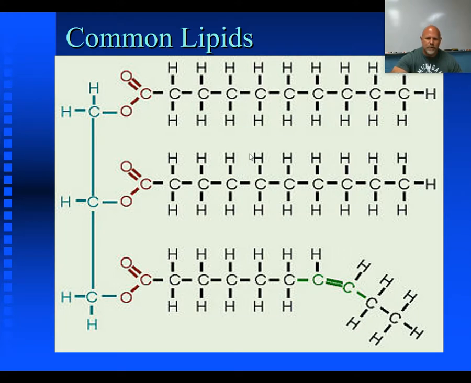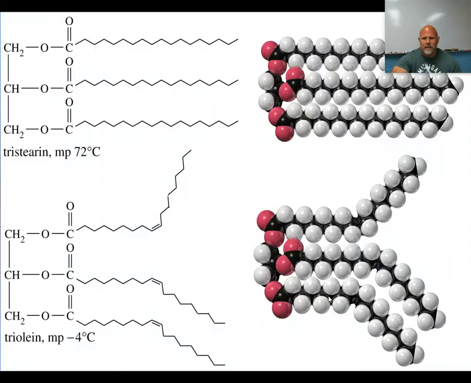So these two would be examples of saturated fatty acids. This one's missing a couple hydrogens because of a double bond between the carbons, and we would call this an unsaturated fatty acid. If it has one double bond, we call that a monounsaturated fatty acid. And if it has more than one double bond, it's a polyunsaturated fatty acid.